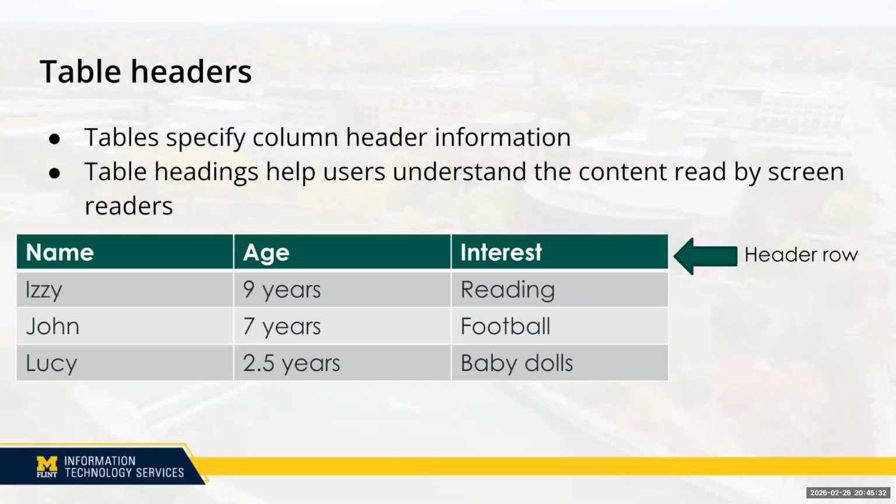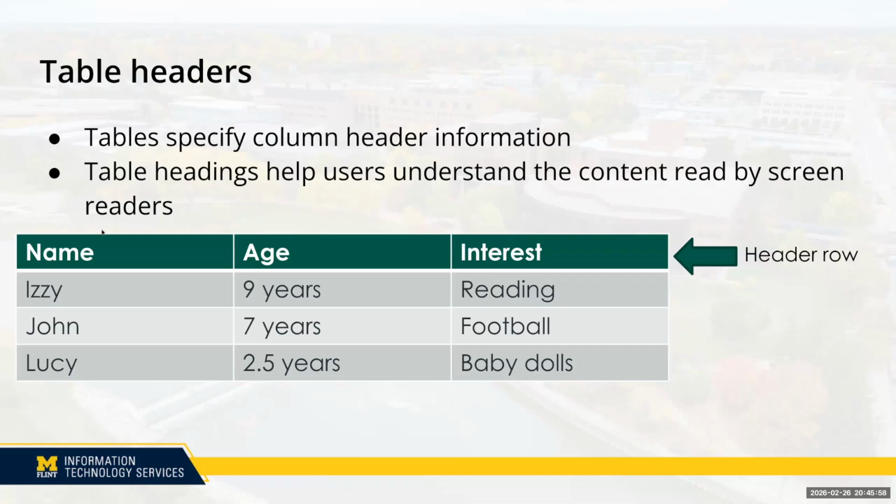Tables should include proper header rows and/or columns so screen readers can understand the meaning and structure of the data. Similarly, it can help sighted users also understand the data, especially if a header row or column, as seen here on this slide, has a different color and formatting.